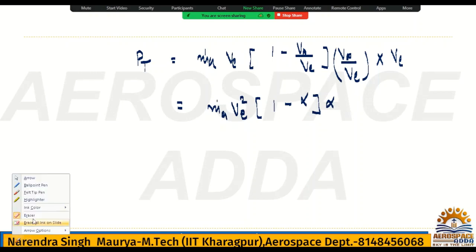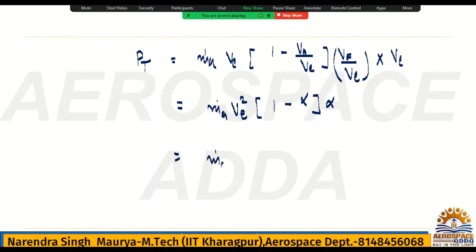This is m dot a into ve square, and we can write alpha minus alpha square. This is PT. Always remember this thrust power formula.